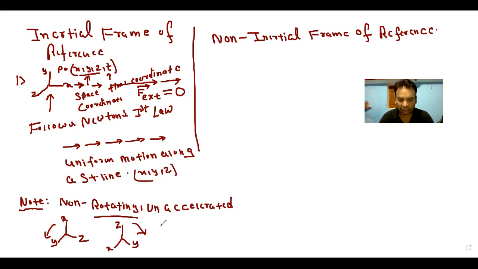It is non-rotating. And the second thing is that it should not be accelerated because there is no force, since F external is zero. We know that F is equal to M into A. When force is zero, the acceleration is zero.